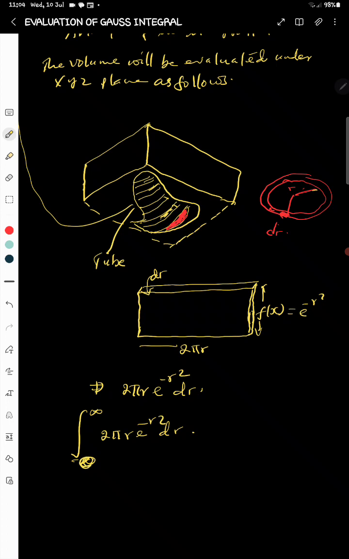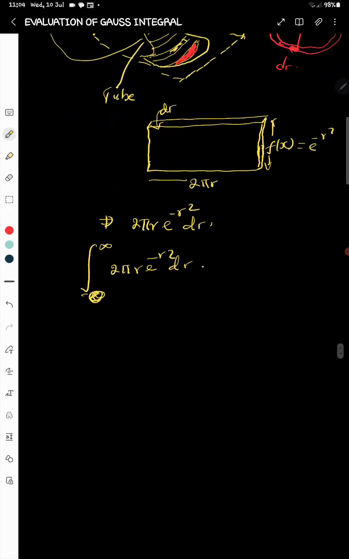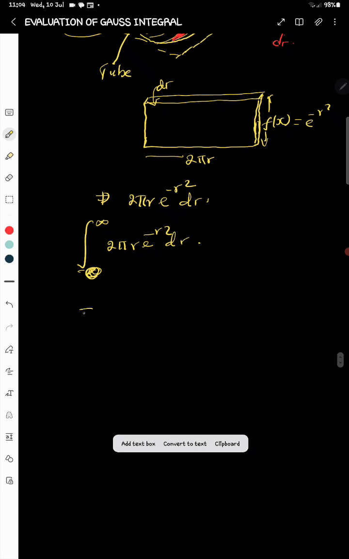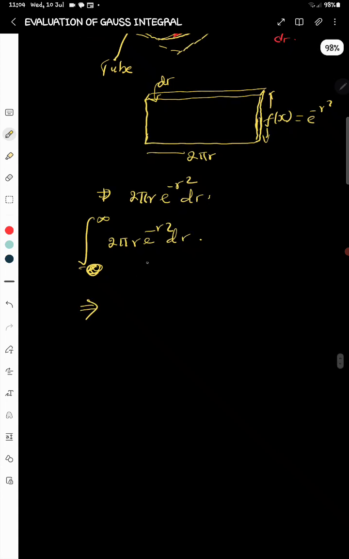Sorry, yes, from 0. Again, integrating this, let us substitute u in place of r.